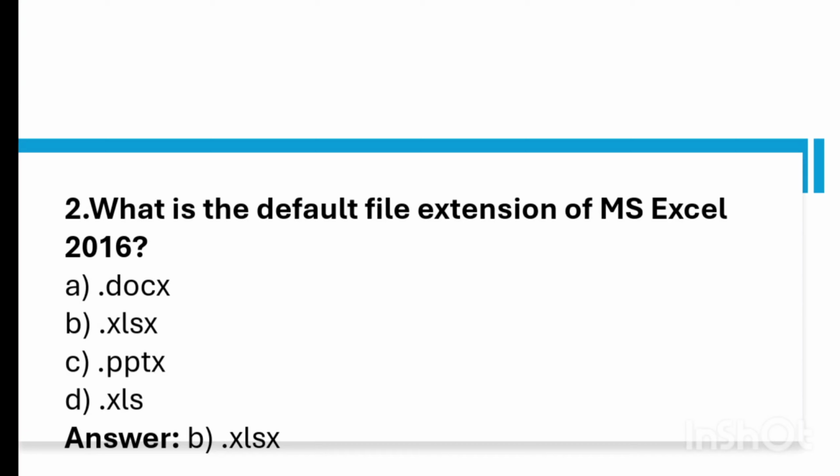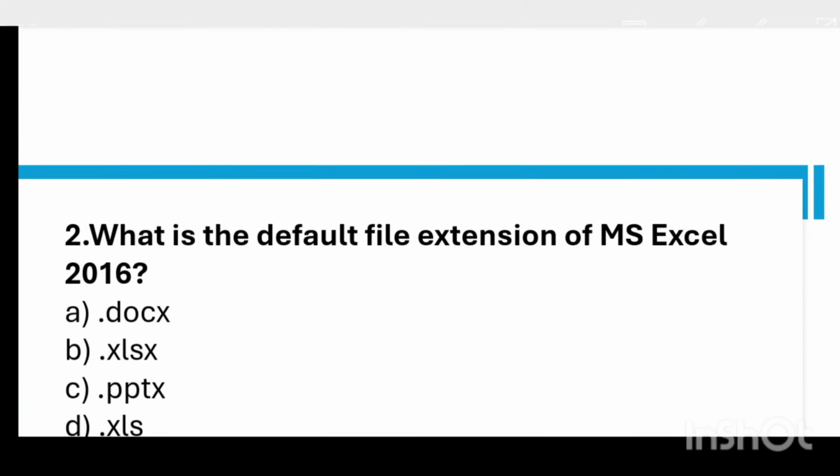What is the default file extension of MS Excel 2016? Options are A. .docx, B. .xlsx, C. .pptx, or D. .xls. So the correct answer is option B. .xlsx.